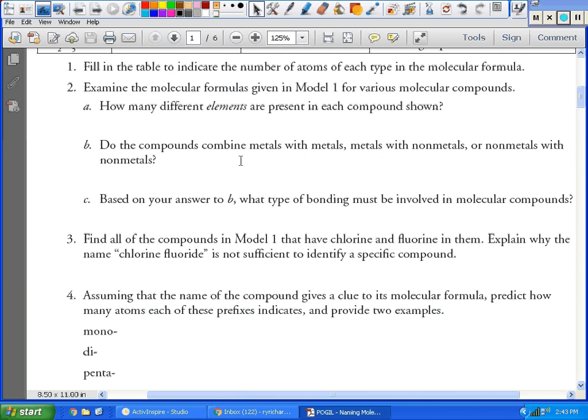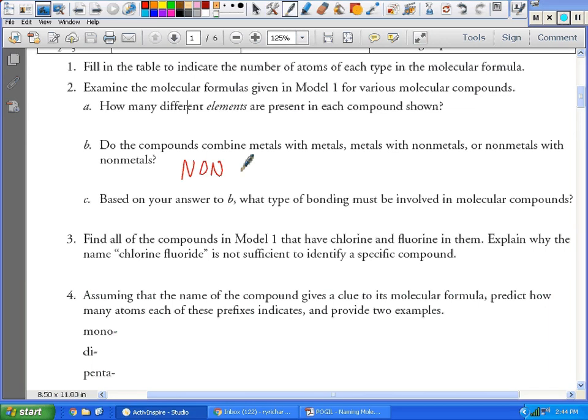Non with non. So make sure for B you've got non with non. C, based on your answer to B, what type of bonding must be involved in molecular compounds? Covalent, fantastic. And again, that's going to be a key to the rest of this.